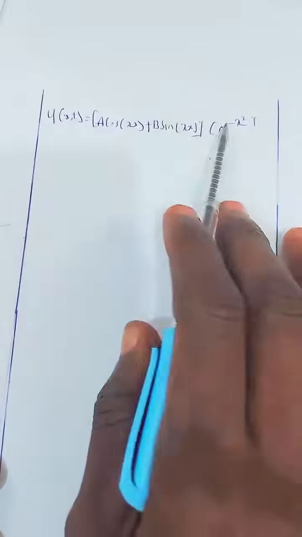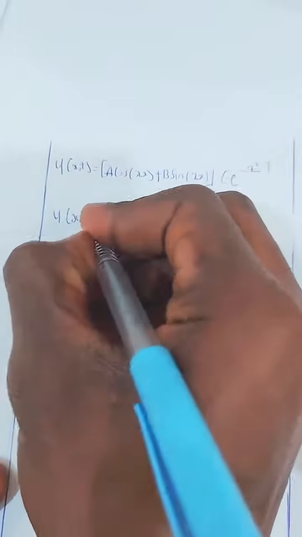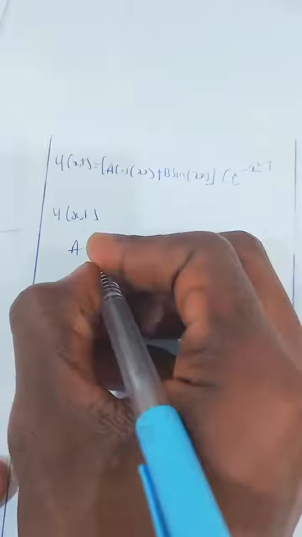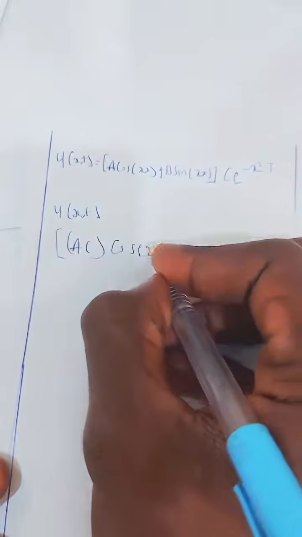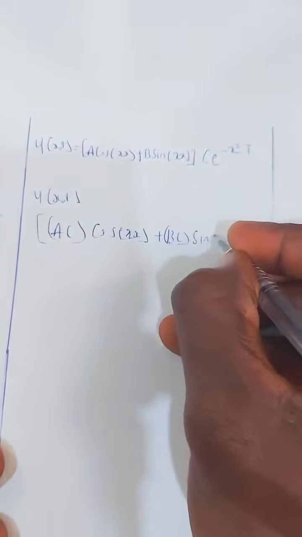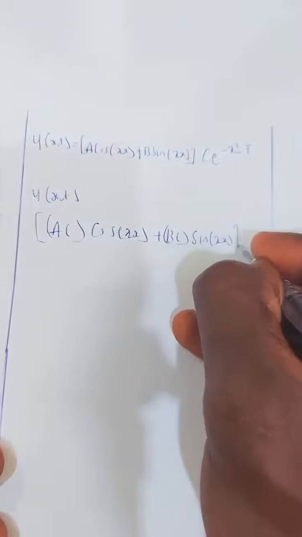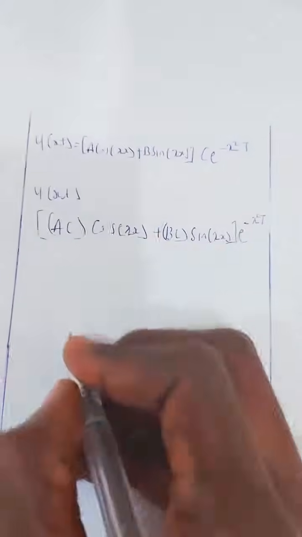Now from here, let's open this bracket, meaning I'm multiplying this with this bracket. I then have u, which is a function of x and t, becomes ac cos(lambda multiplying x) plus bc sin(lambda multiplying x), all into bracket exponential negative lambda square multiplying t.